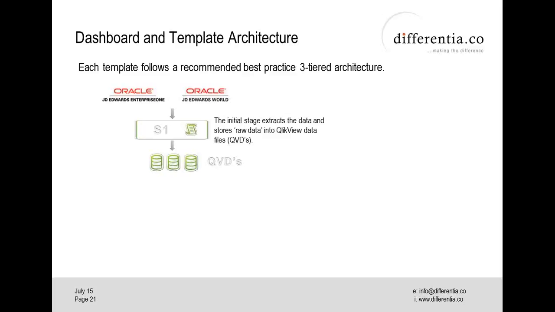This means that no complex queries are being passed to your live database. It's a simple query that's returned with the raw data in a transactional format. There's no requirement for a data warehouse, as Kit mentioned. We just go straight to the database and load in that data, and that data gets compressed and stored into a QVD file, which is a QlikView data file.